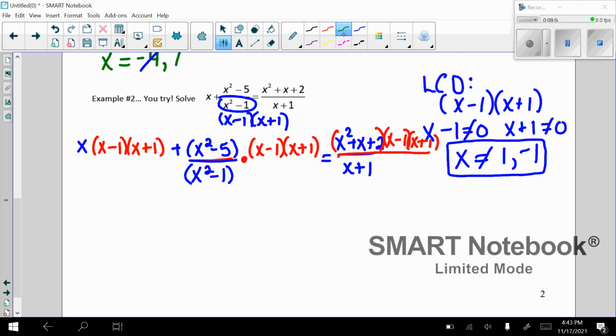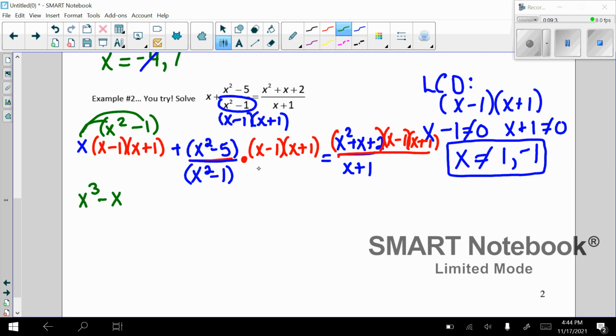Okay, so let's see what happens here. Nothing cancels out in the first term because there was no denominator. I do want to remind you that this actually was x squared minus 1 before we broke it apart. So we simply distribute the x into each term, and we wind up with x cubed minus x.